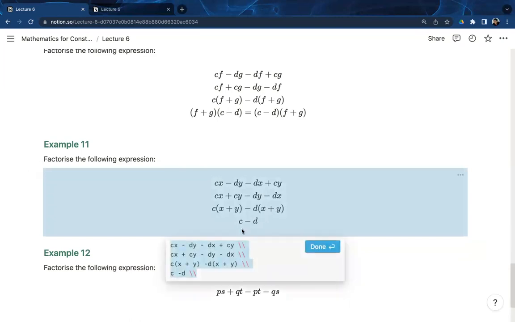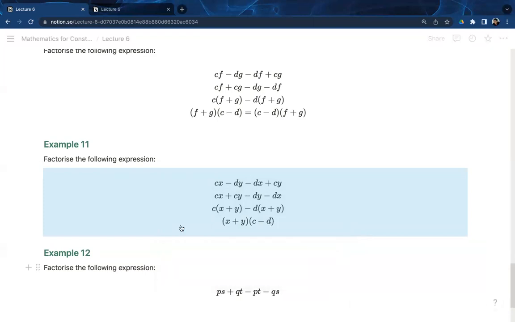So I could write the x minus y and then put that in there like this. So you're factorizing the x plus y. What would you be left with? Take out the x plus y from this term, you're left with a c. And take out the x plus y from this term, you're left with a minus d. And just factorize again.